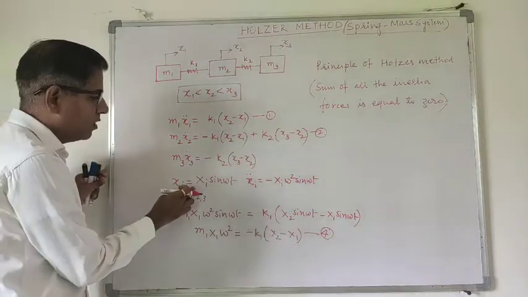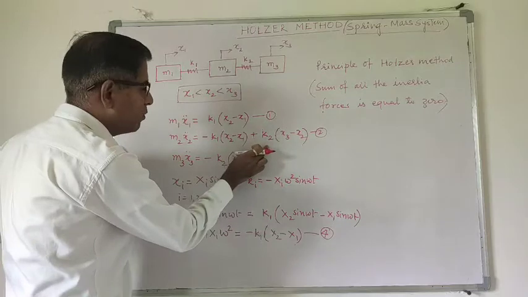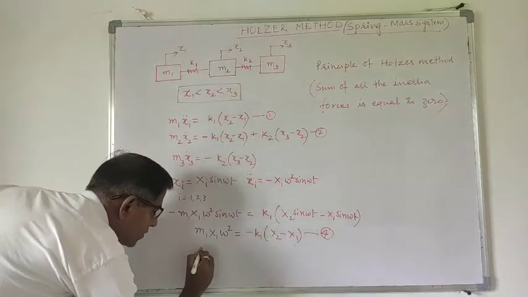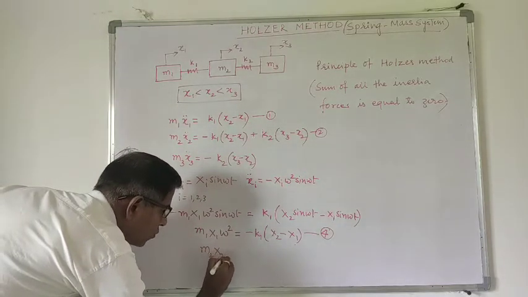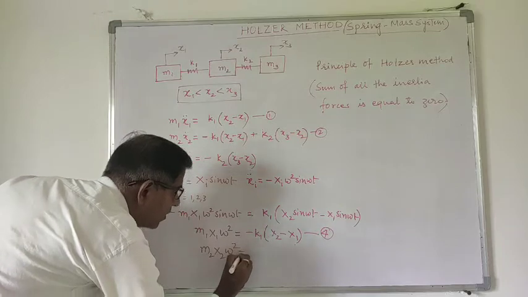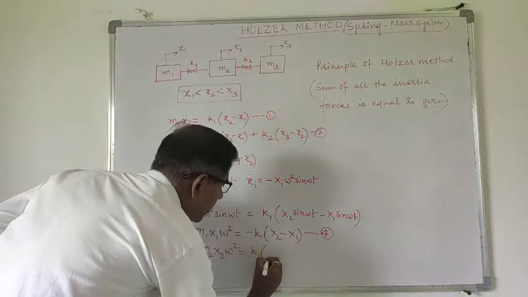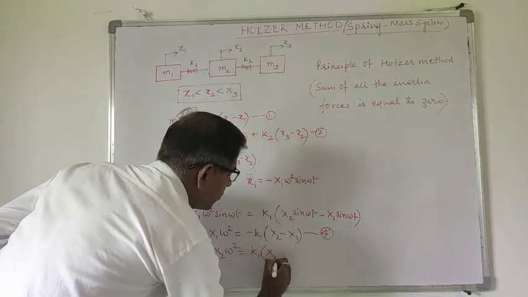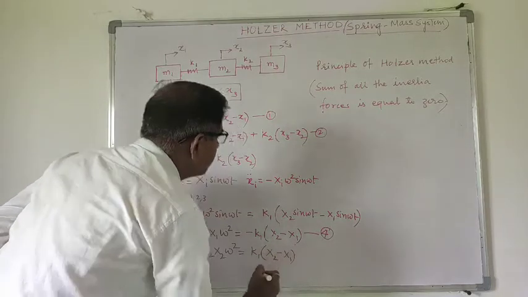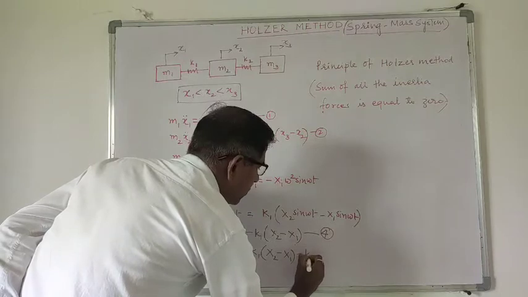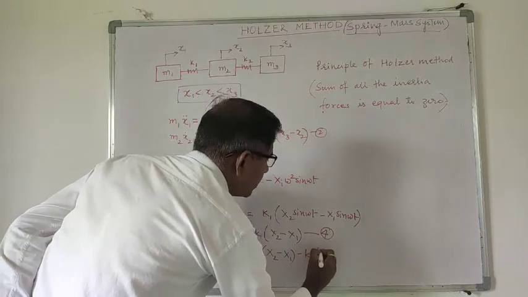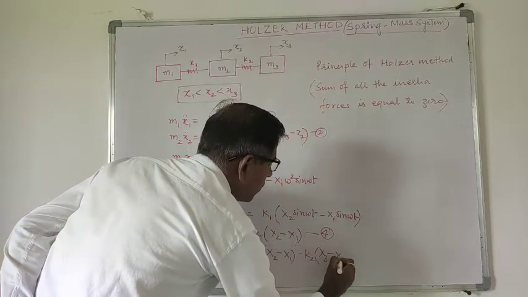Similarly, if you put these values in equation number 2, then equation 2 becomes m2 X2 omega square is equal to k1 into X2 minus X1 minus k2 into X3 minus X2.